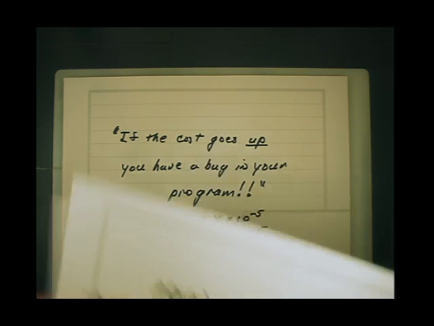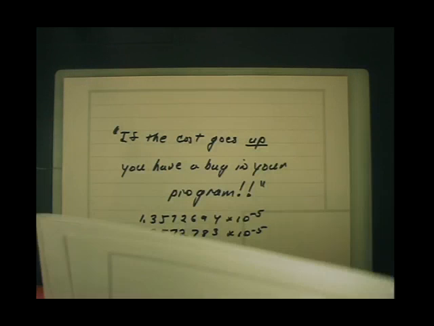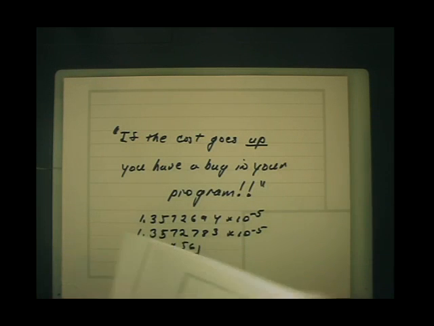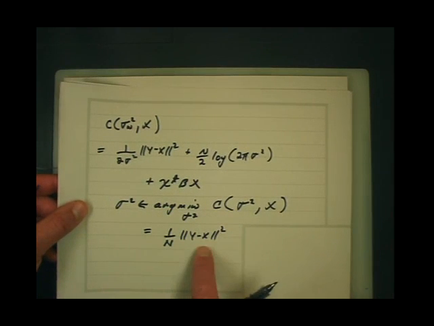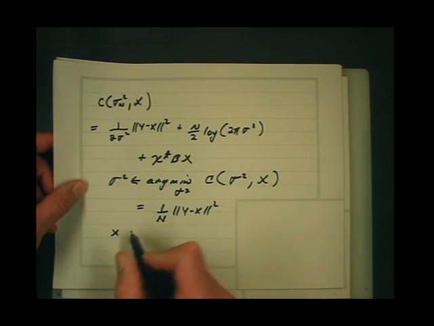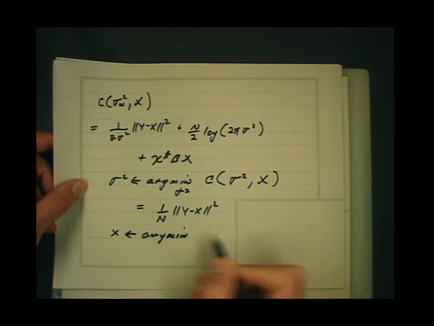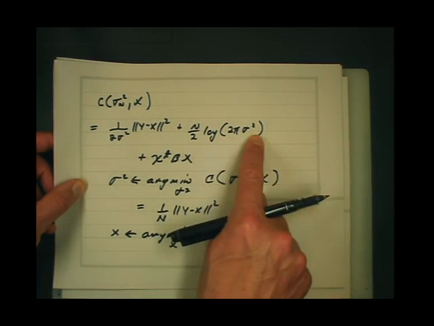Okay, so getting back, this is the expression you have. This is the expression, that's the minimum. And then what you do is you say, okay, I can minimize over x. I did this argmin over x. For x, I don't need this term because it's not a function of x.